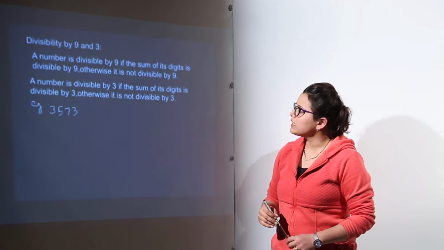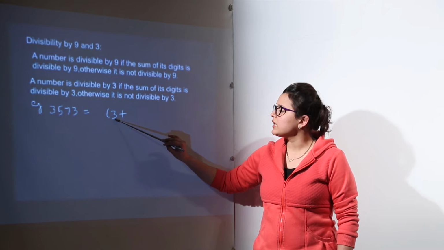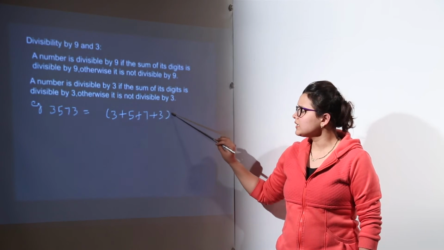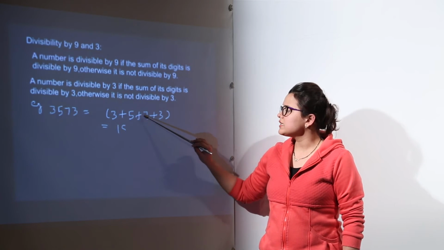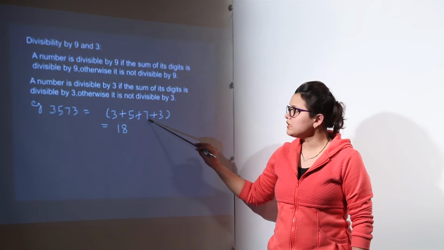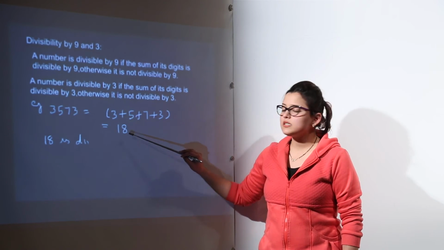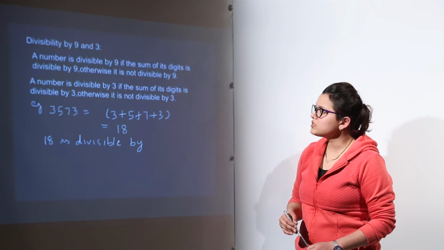Let us check for the next one, 3573. Adding up all the digits, we get 3 plus 5 plus 7 plus 3. In this addition, we get 3 plus 5 is 8, 8 plus 7 is 15, 15 plus 3 is 18. So now 18 is the divisibility check. You can check it for 9, you can check it for 3.